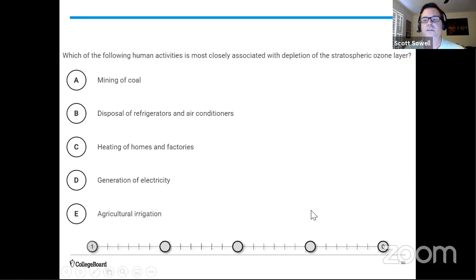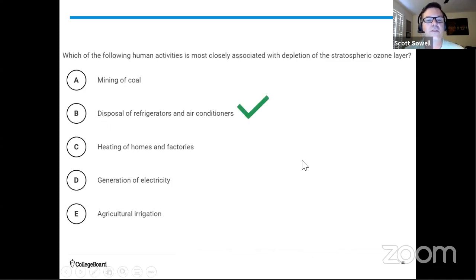ozone layer? So take 27.25 seconds and look at that one. And the one that should stand out to you is refrigerators and air conditioners, because we implicated refrigerants as something that contains CFCs.